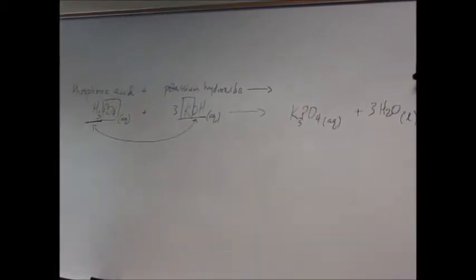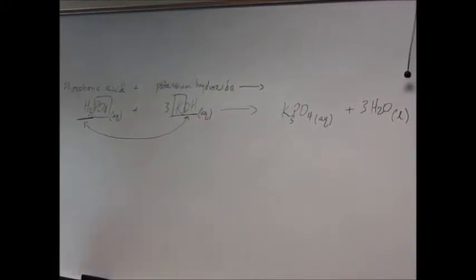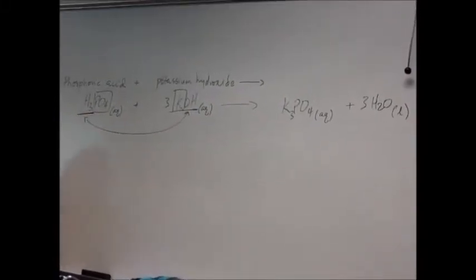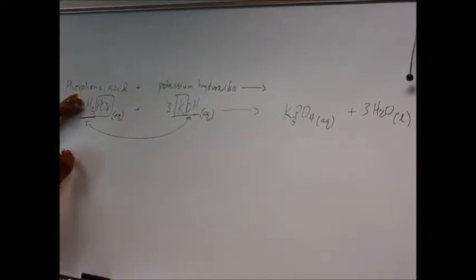And I just want to go on with the ionic equation also here with you in case you've forgotten. So here, this will be what? Go ahead and help me out here, please. I will write H3 as what for the ionic equation? 3H plus, right?